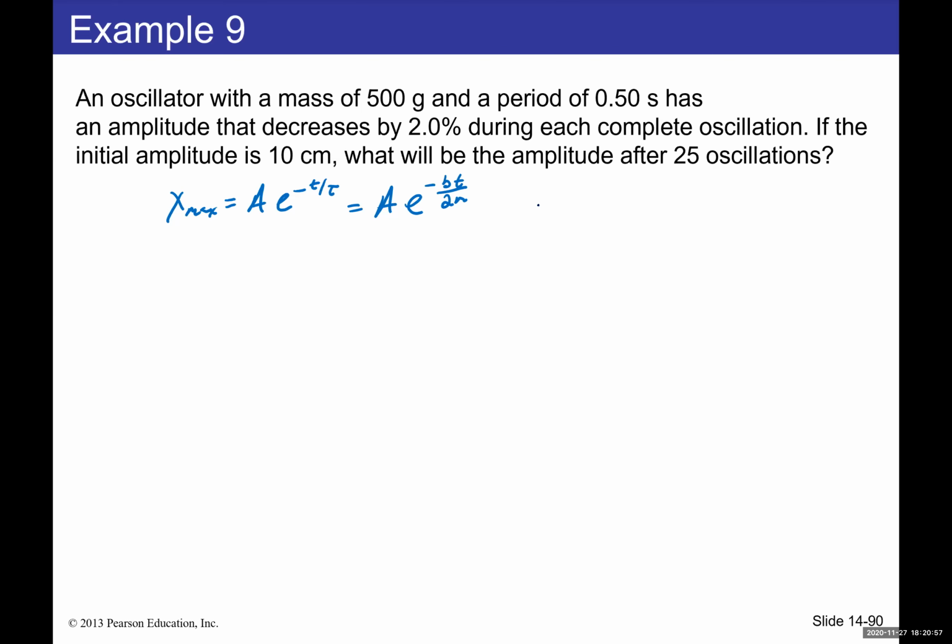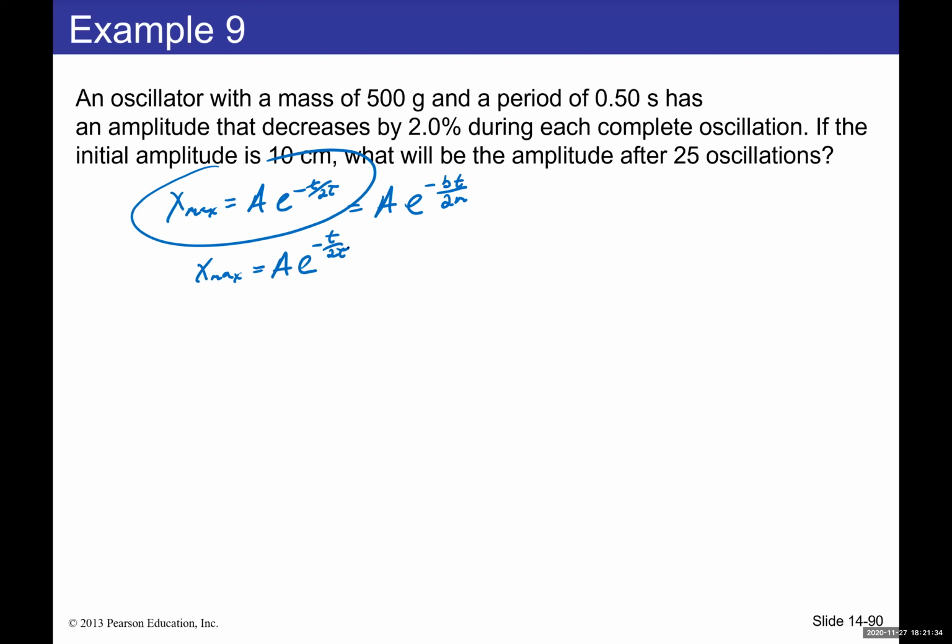Oh, sorry, it's 2 tau over here rather than tau. Let me rewrite this. It's t over 2 tau. So if I use this equation over here, I have x max equals A e to the negative t over 2 tau.